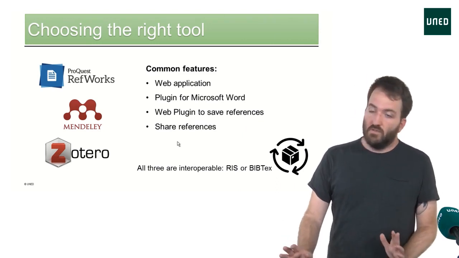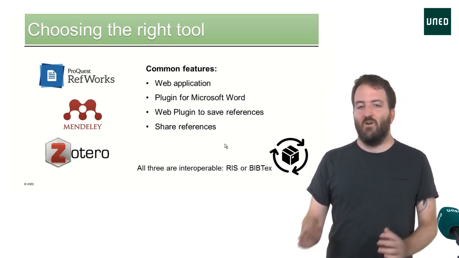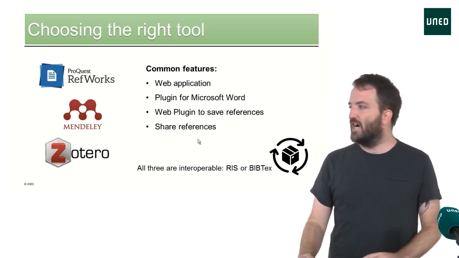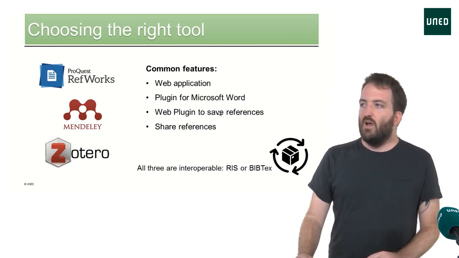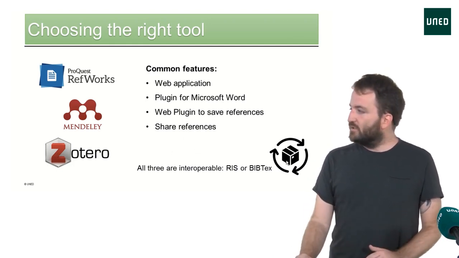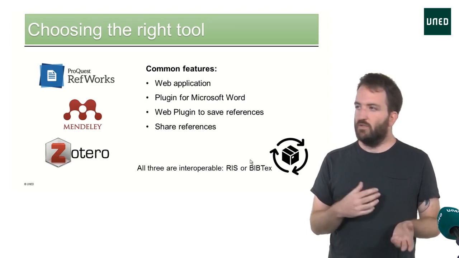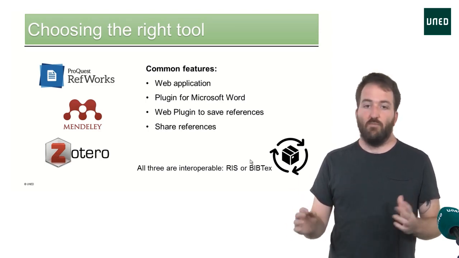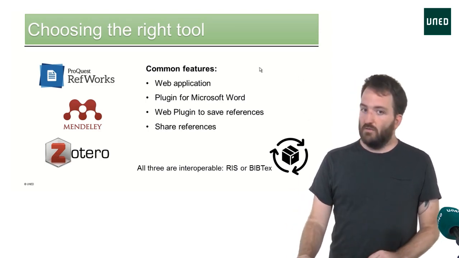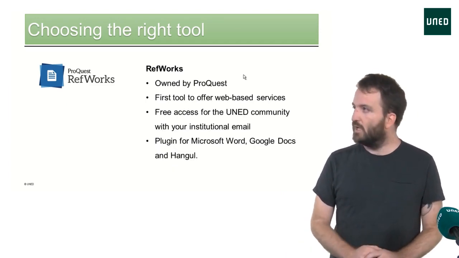And again, it's not a very big choice because all of these three tools are interoperable. We can save the information in these two formats, RIS or BibTeX, and we can basically exchange all the information from one to the other. So anytime you can change the tool you're using, and it shouldn't be a big problem.